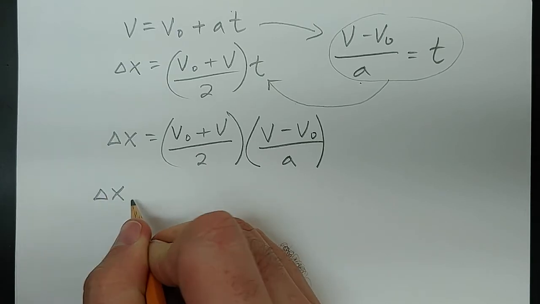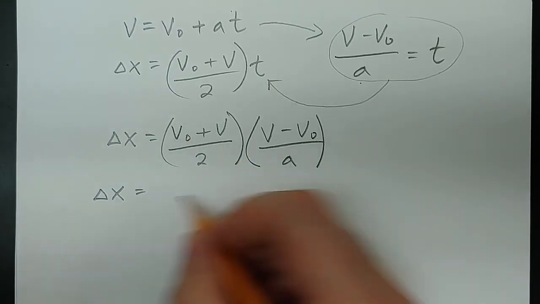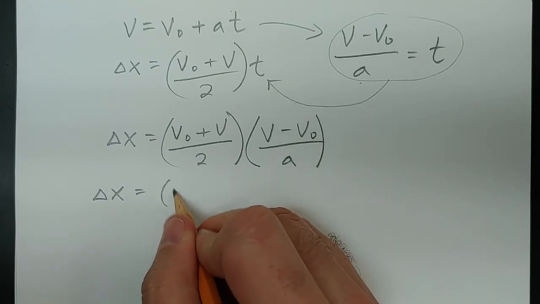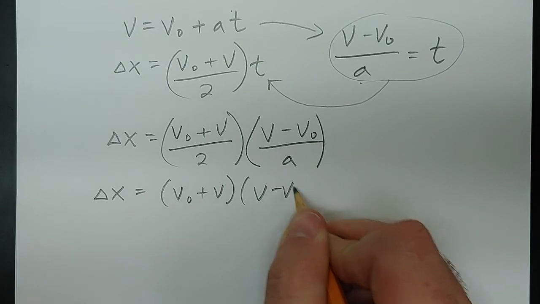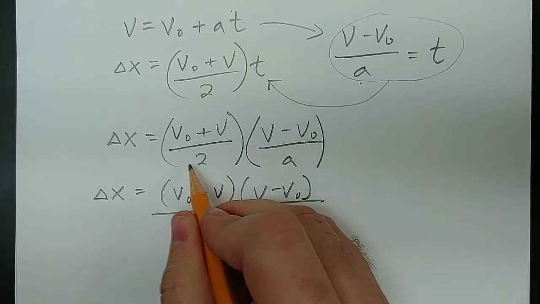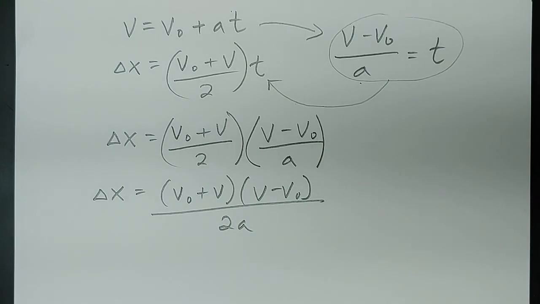So I'm going to get displacement is equal to, let me maybe rewrite this as V naught plus V times V minus V naught over 2A. That might just be a little easier for some people to follow.